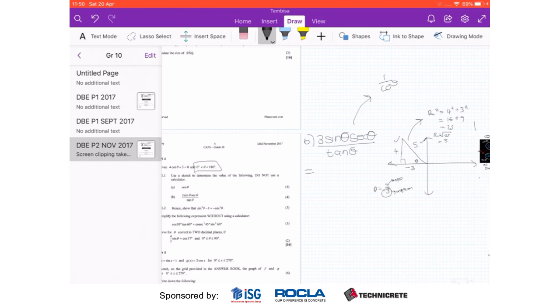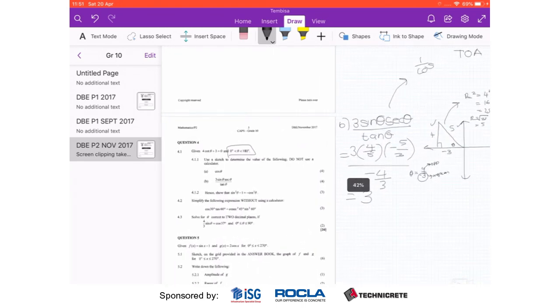So my 3 sine theta, let's keep this 3 out of my way. Sine theta, don't forget SOH CAH TOA, so sine theta is 4 over 5. Cos theta we said was negative 3 over 5, so sec is going to be the reciprocal, negative 5 over 3. Tan theta is negative 4 over 3. Put it straight into your calculator so as to not confuse yourself, and the answer is 3.